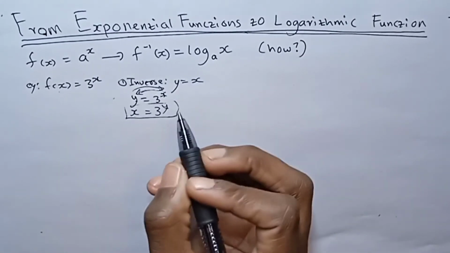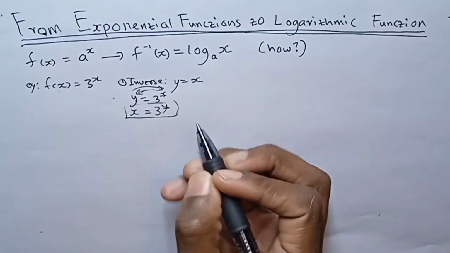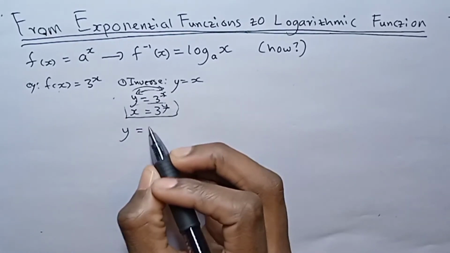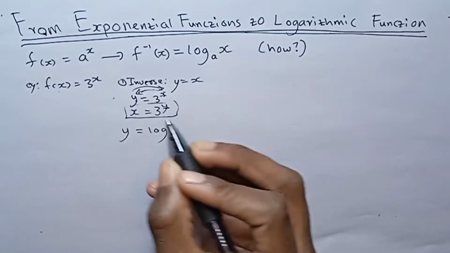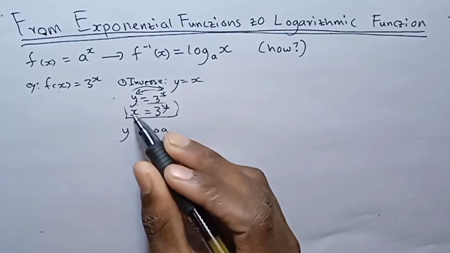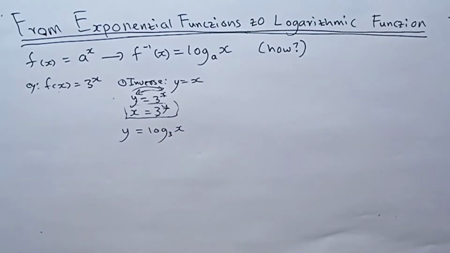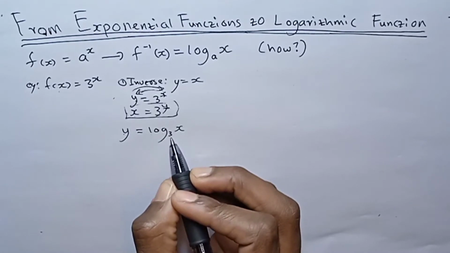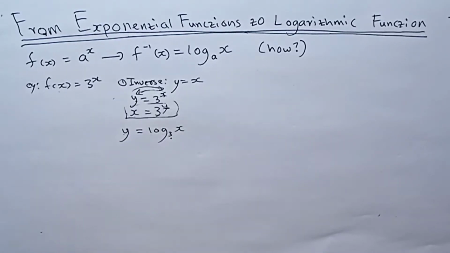So I'm going to make y the subject of the formula and say y is equal to what? Remember, you're going to introduce the log, and what was the base will still be the base. Then the subject of the formula from the previous will be here. So now y is basically equal to log x to base 3. You see? So now this is not just y, it's an inverse function. Always remember to write this.